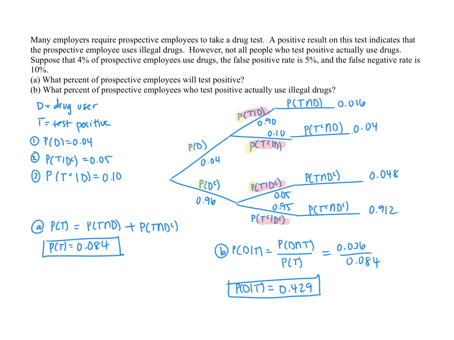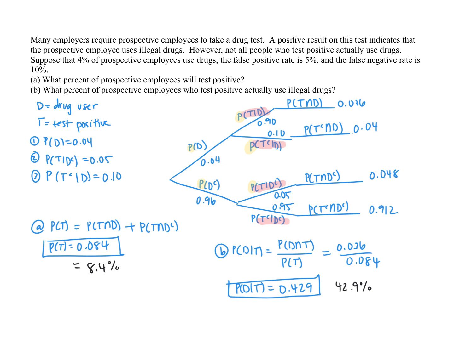So given test positive, what's the probability of using drugs? What did I do wrong though in my answers? It asked for a percent, and I did not give a percent, so I'm glad most of you did. So we get 42.9%.